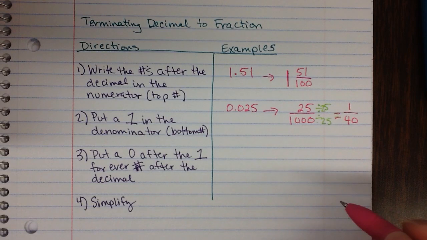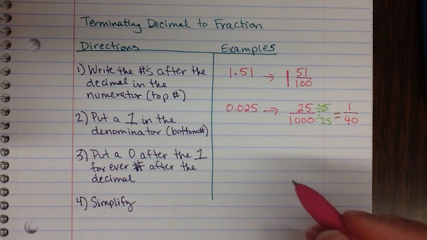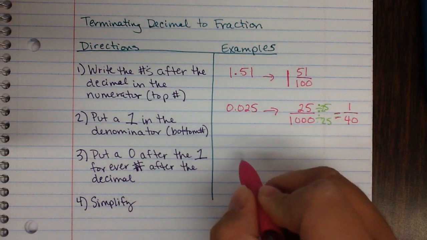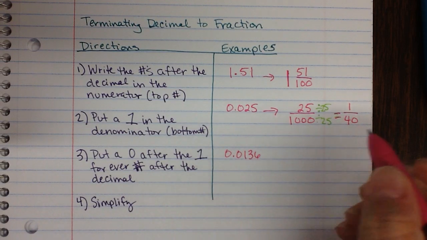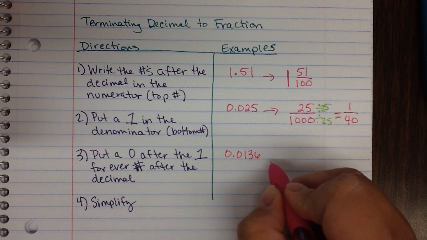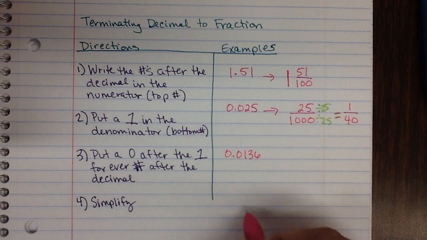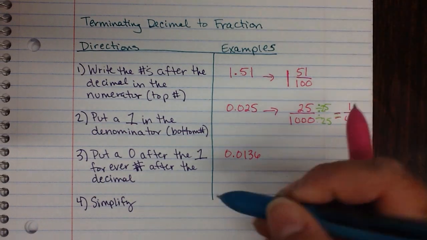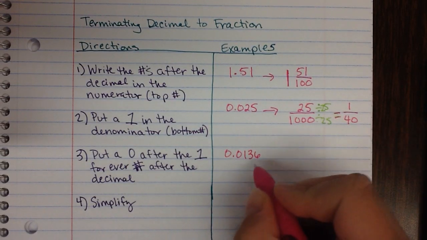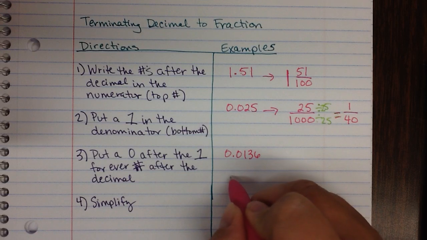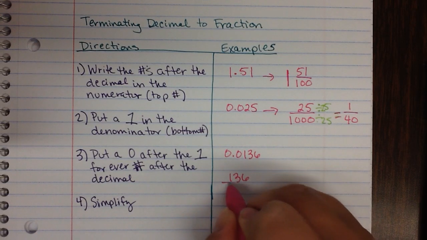And then we're going to do another example, 0.0136. So I'm going to go down here and write it. I'm going to put my numbers after the decimal in the numerator, 136 over.